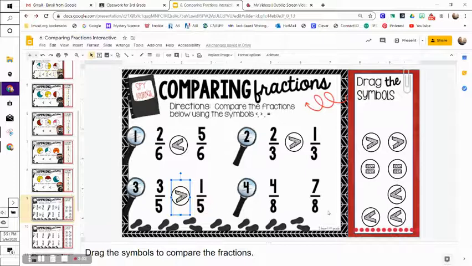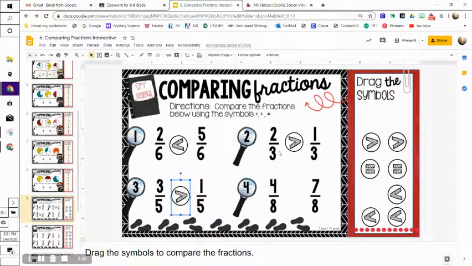All right, last question, you guys. Number 4. So it says 4/8 and 7/8, and we're going to compare them. I notice that the denominators are the same here. So I'm really just going to focus on the numerators. You can do this if the denominators are the same.